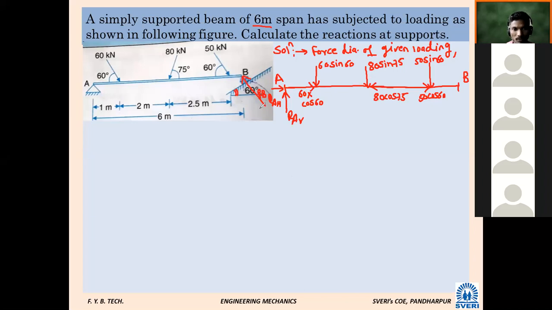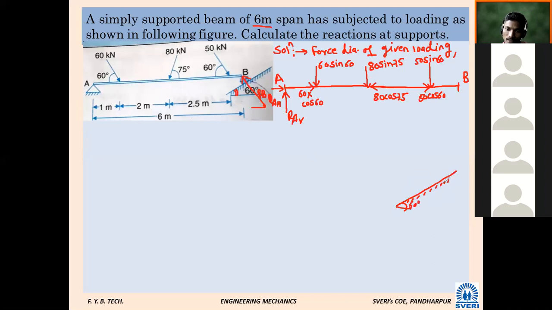So what will be the angle made by RB reaction with the horizontal? 30 degree. See here once more. This is the inclined plane. The angle made by the plane is this 60 degree.